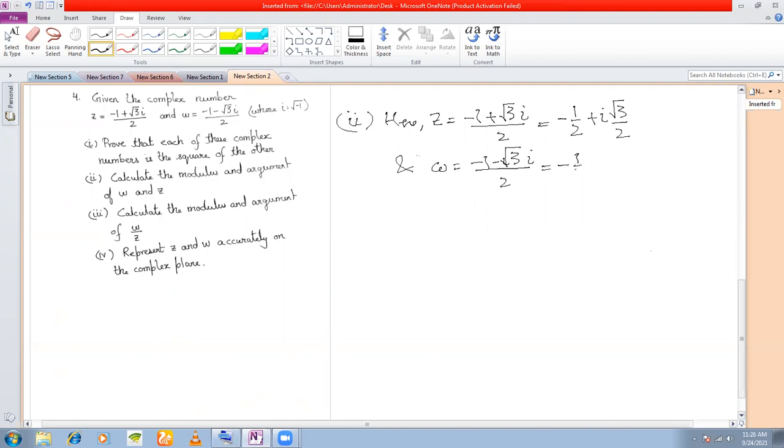So you get minus half plus of minus root 3 by 2 i. So therefore what is mod z? We simply take the square root of the sum of the squares: minus half square plus root 3 by 2 square.